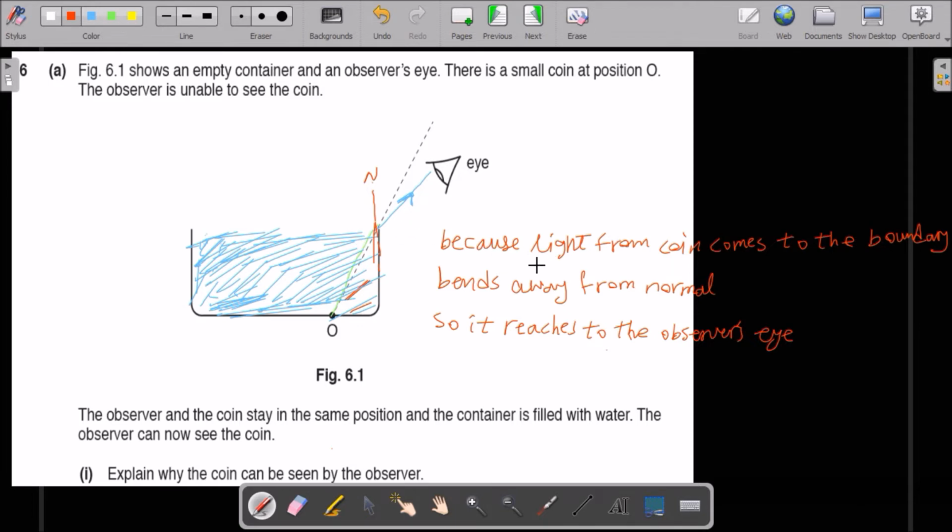You don't need to write this explanation, but if you want to know, I wrote that because light from the coin comes to the boundary, bends away from the normal because it comes from a denser to a less dense medium, and so it reaches the observer's eye.